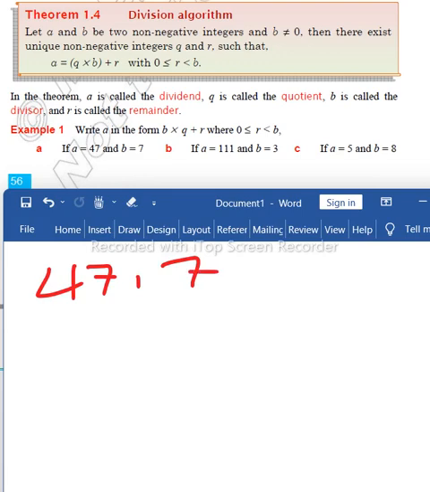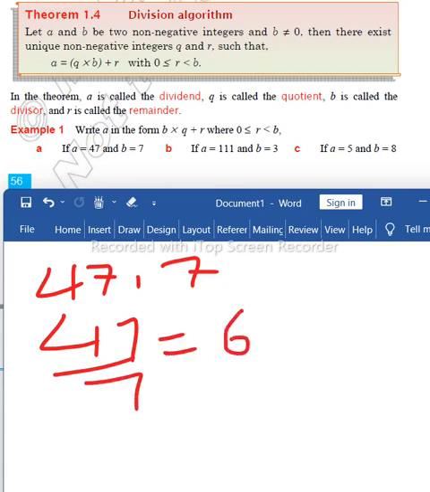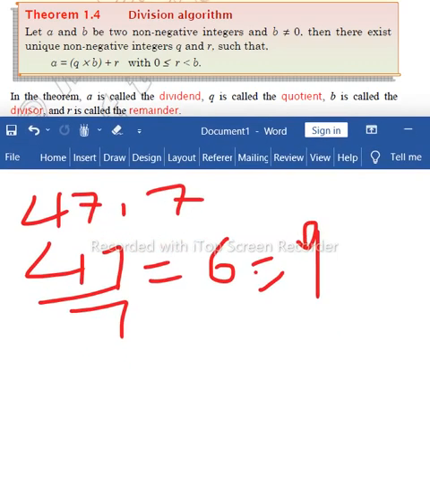We have to divide 47 by 7. We get 6, since 6 times 7 is 42. So Q is 6, and R is 47 minus 42, which is 5.